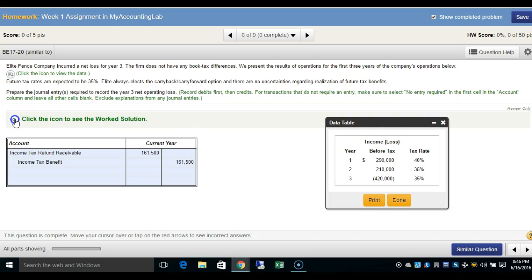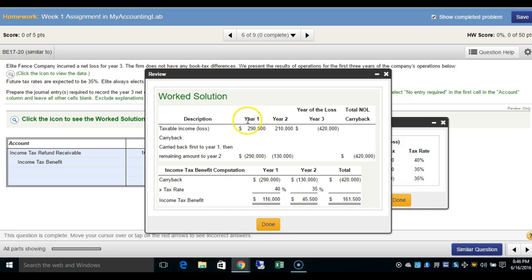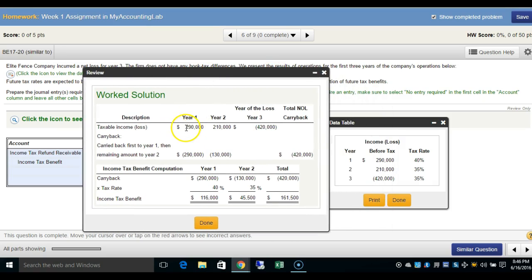The way to approach this problem is simply to line up your years 1, 2, 3. Put in your net taxable income of $290,000 in year 1, $210,000 in year 2, and $420,000 as a loss in year 3.